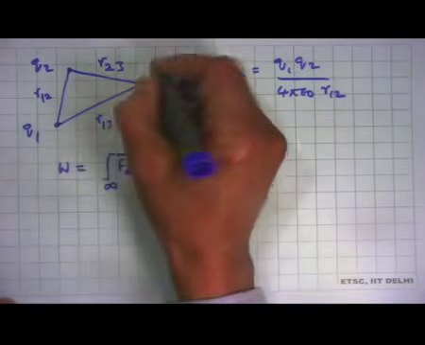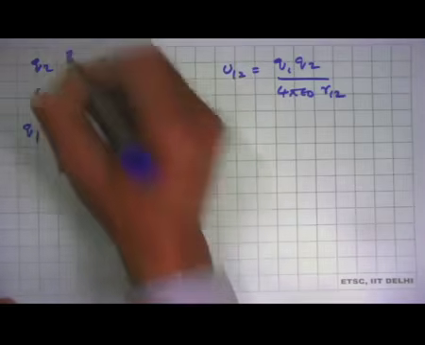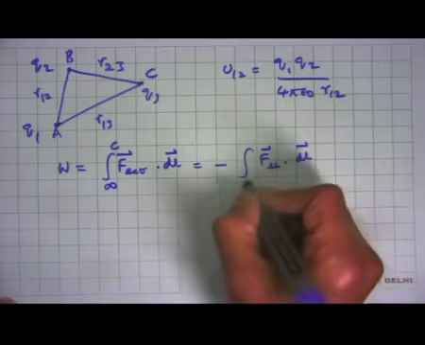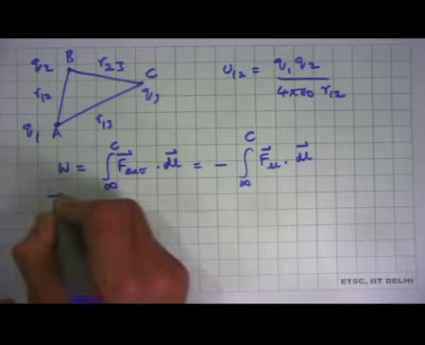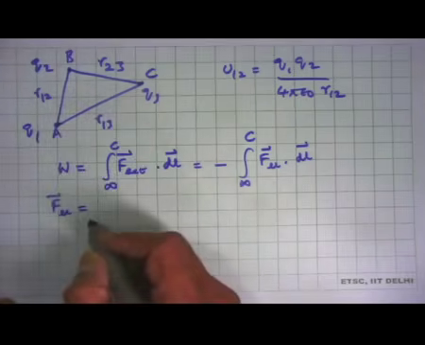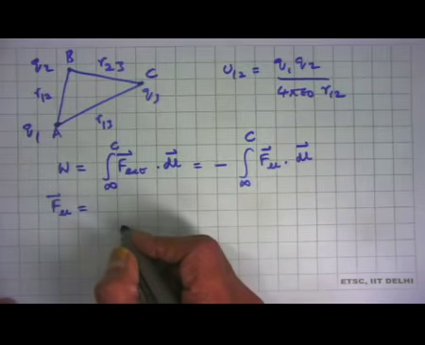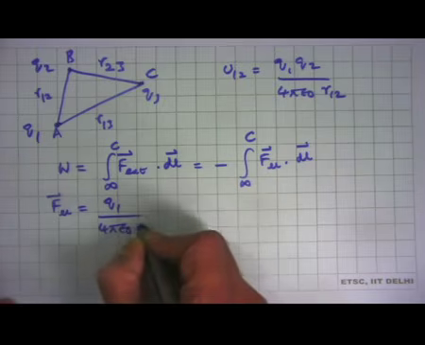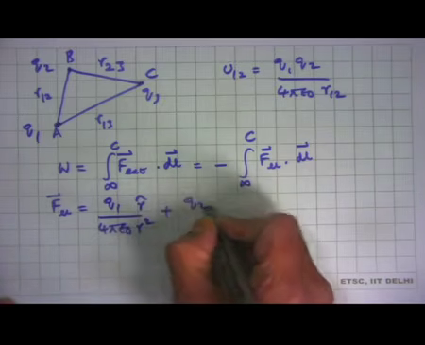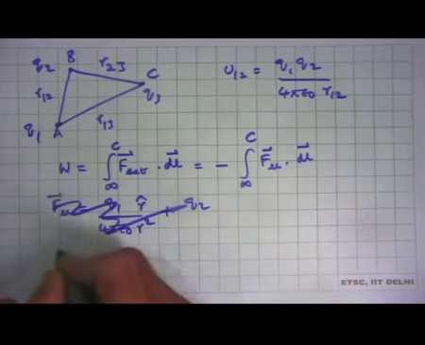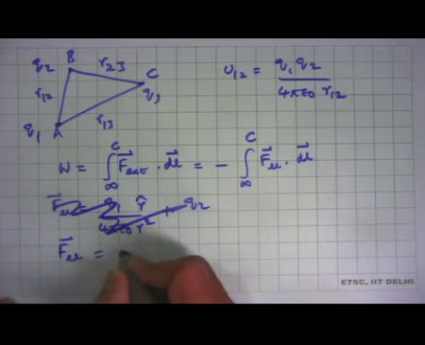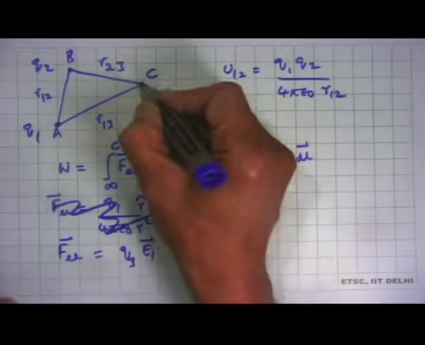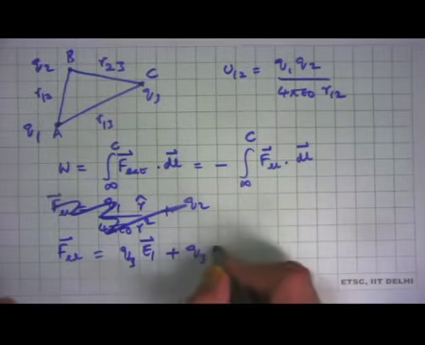Let me call this point C, with the points A, B, C. So, this is equal to minus the integral of F electric dot dl from infinity to C. Both the charges now produce an electric field at this point as a function of distance, and we know that electrostatics satisfies the principle of superposition. So, the force on this charge q3 is q3 times E1 plus q3 times E2.